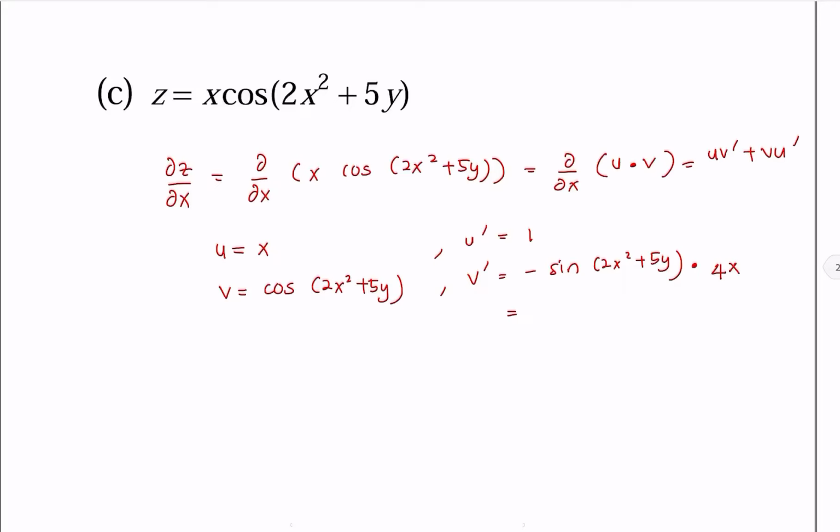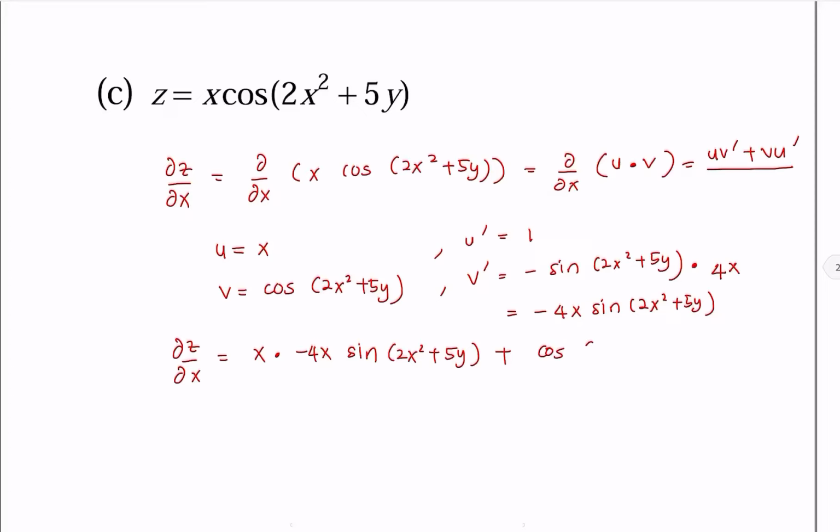So negative 4x sin(2x² + 5y). Therefore ∂z/∂x is equal to u, which is x, times v' which is negative 4x sin(2x² + 5y), plus v which is cos(2x² + 5y), times u' which is 1.